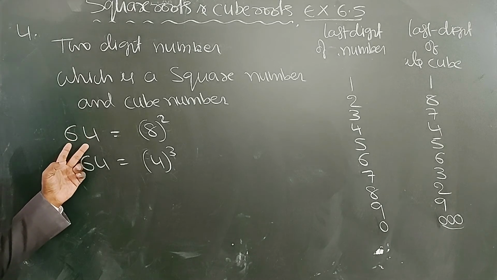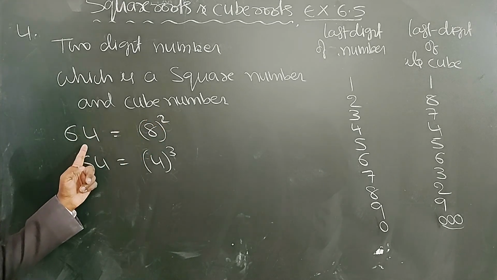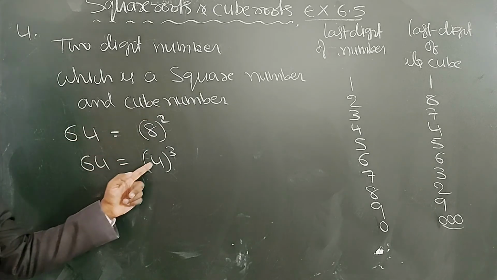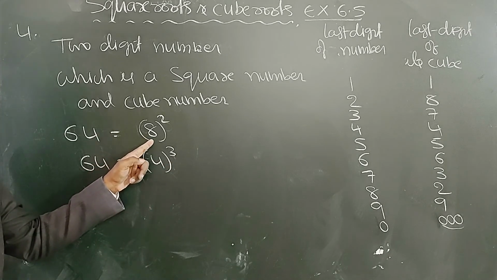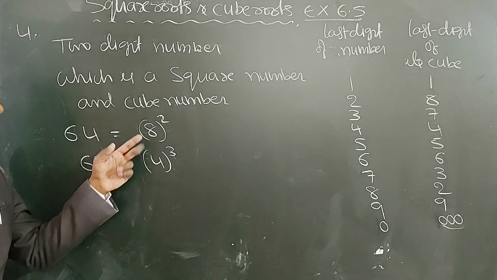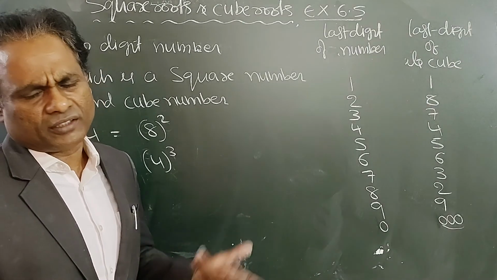64 is a two-digit number which is a square number. 8 square is 64. It should also be a cube number. 4 cube is 4 into 4 into 4, 64. So 64 is both a square number and a cube number. If any such numbers exist, you try.